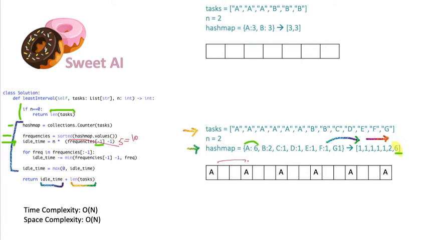So we have 2, 4, 6, 8, and 10 cooldown period for the max one, and that's correct. We have a 10 cooldown period, and what we need to do is fill these gaps with the other tasks that we have.